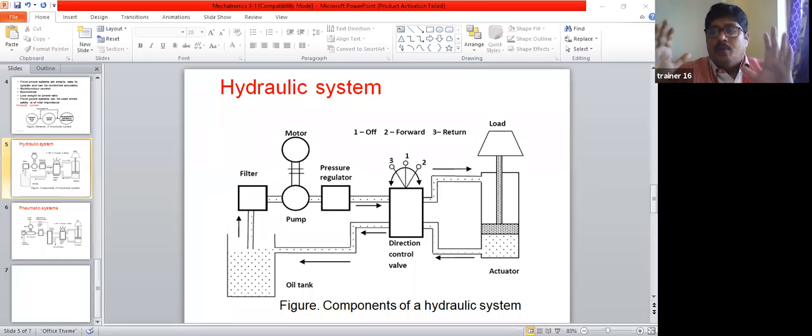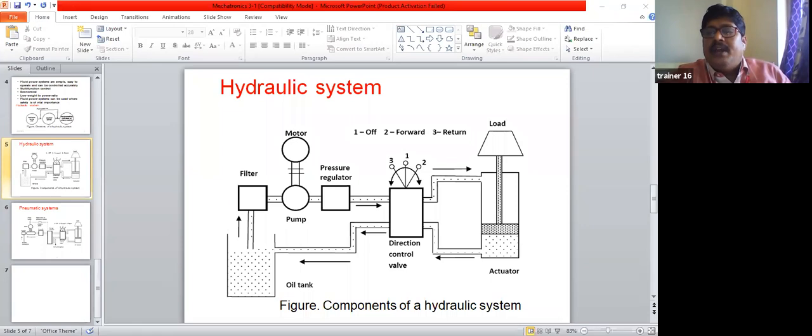In the robot, you see almost all the movement of arms, gripping, holding devices. These are all operated with the help of the hydraulic and pneumatic actuation system. Hydraulic means liquid, pneumatic means air. So these two combinations we can call a fluid actuation system.